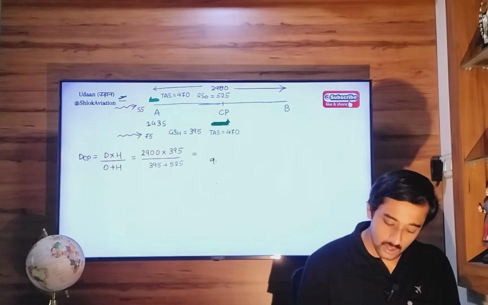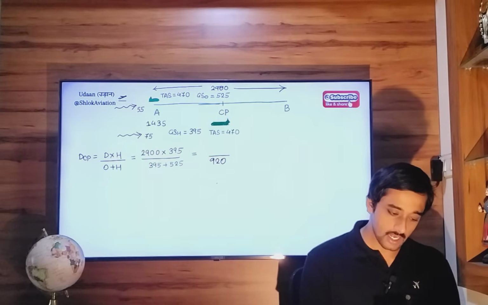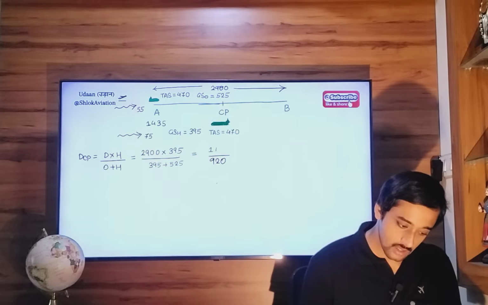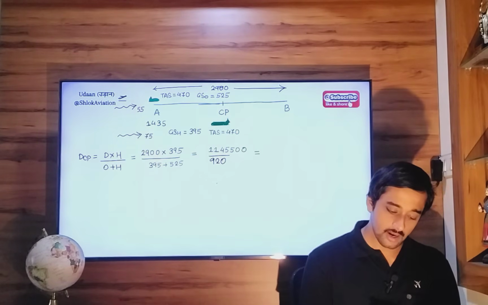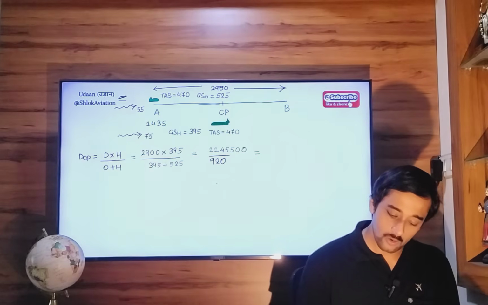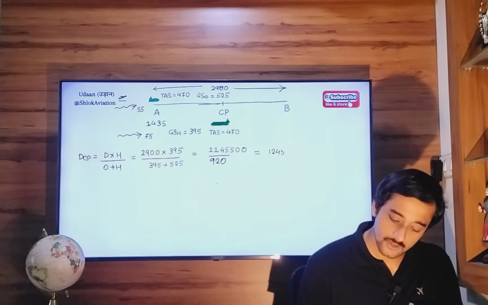That is equal to 920. 2900 into 395 is 1145500 divided by 920, 1245 nautical miles.